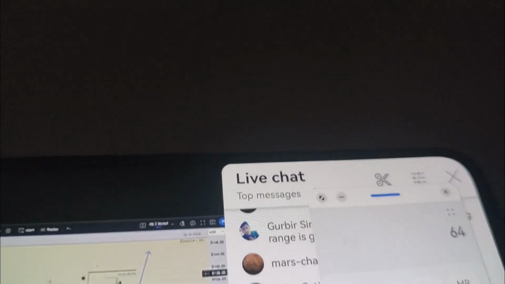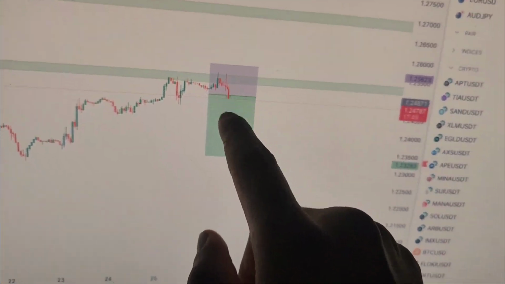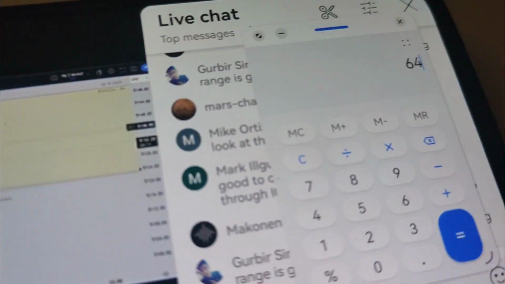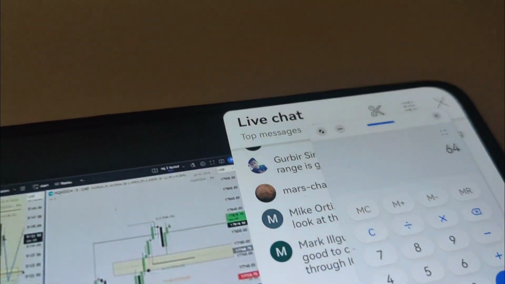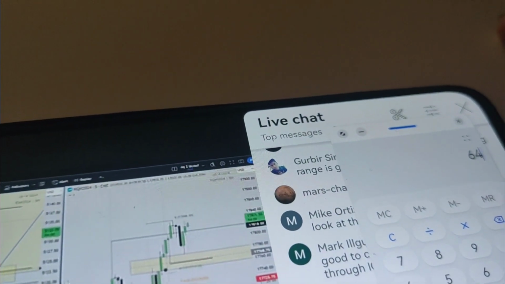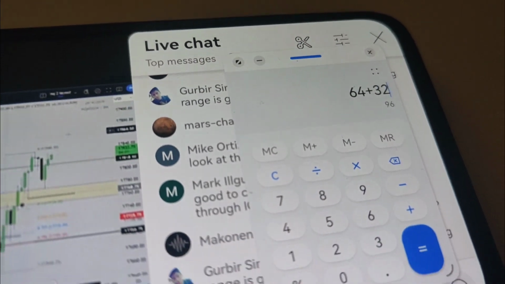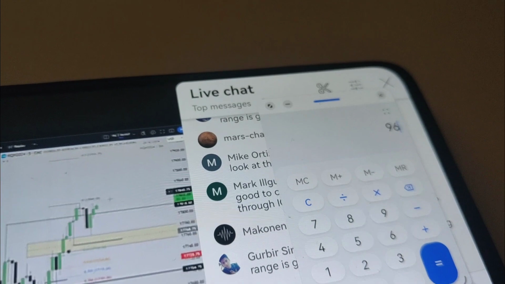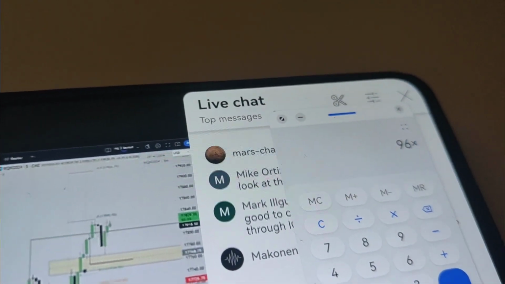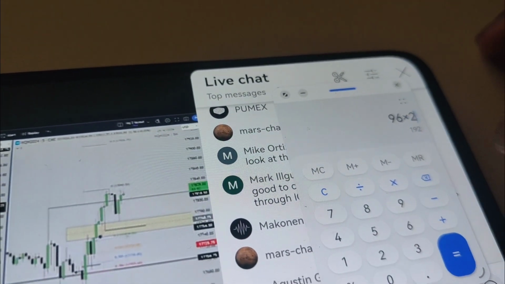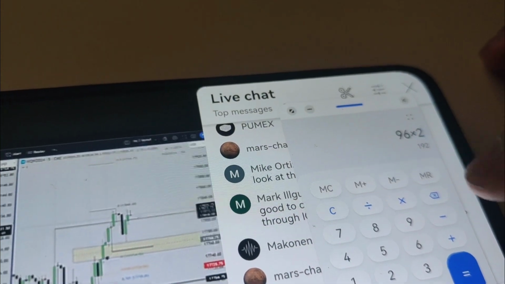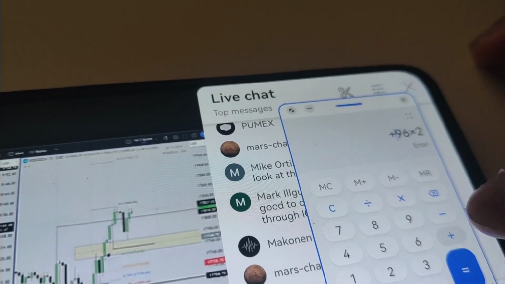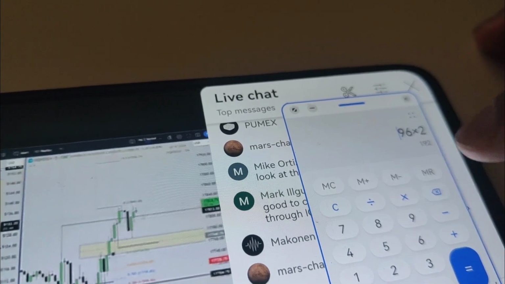So the first goal of this trade that we just take right now is to make $64. So after we make the $64, plus our initial $32, that's $96 that we have after the first trade. Then we need to make another 2x, that means multiply by 2. Now we have $192.